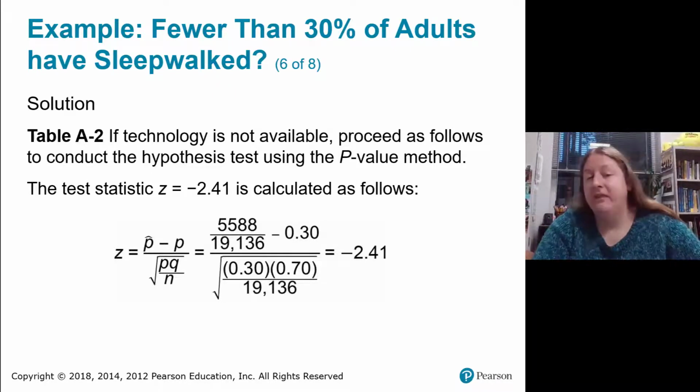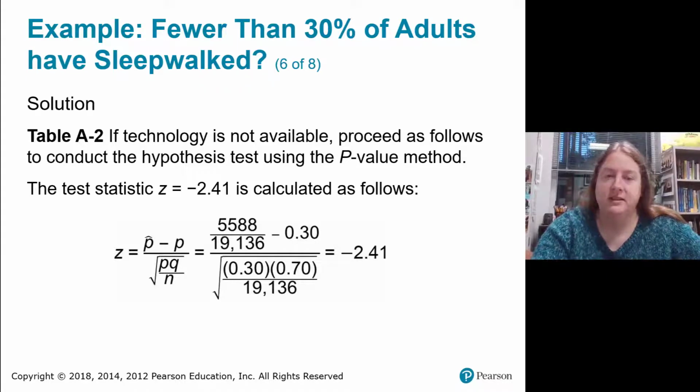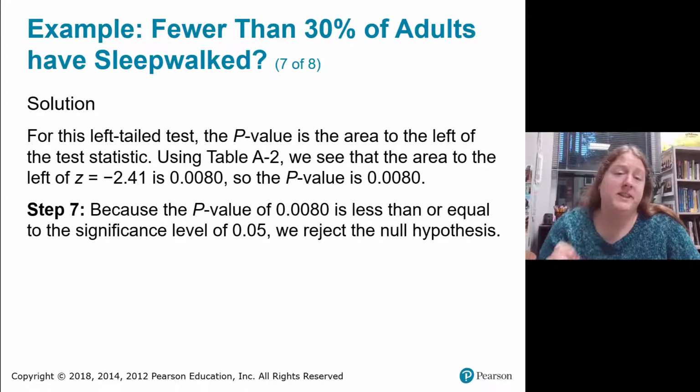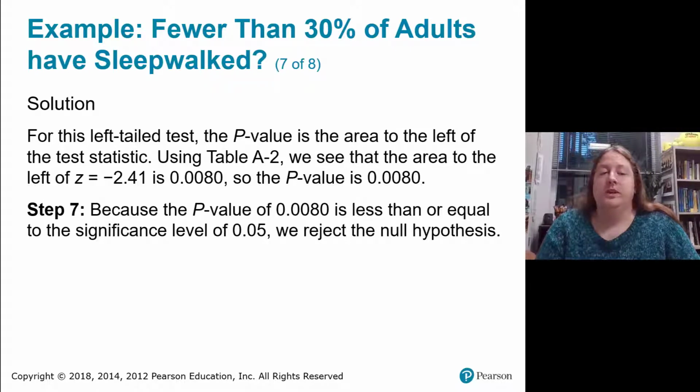In doing so, we find z is negative 2.41. We agree with that technology output. Now, for this one, we're looking at a left-tailed test because our alternative hypothesis was that p is less than 0.3. So we're looking for the area to the left of z equals negative 2.41.